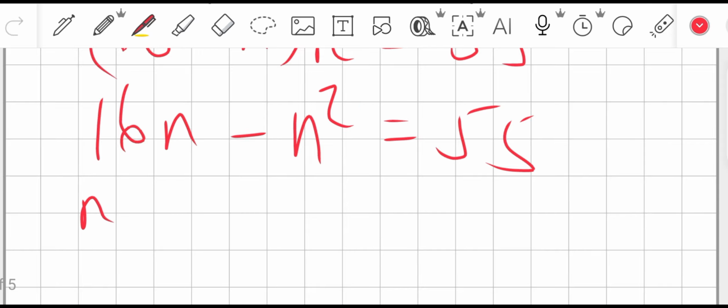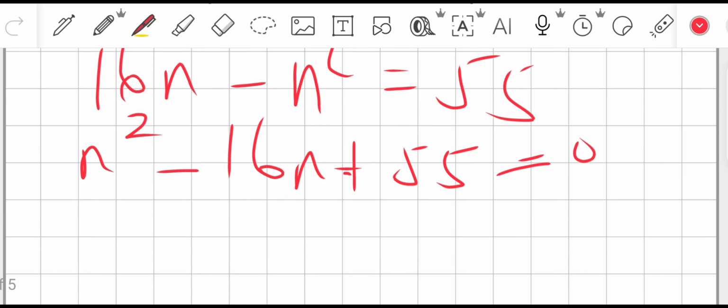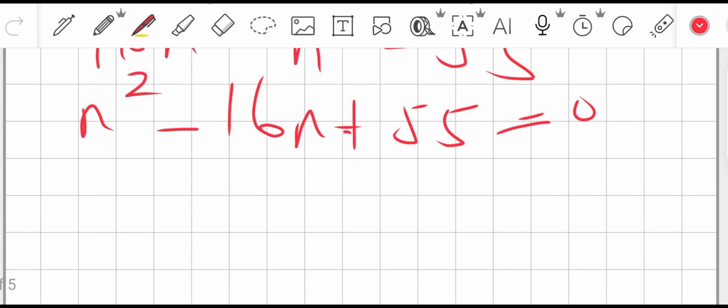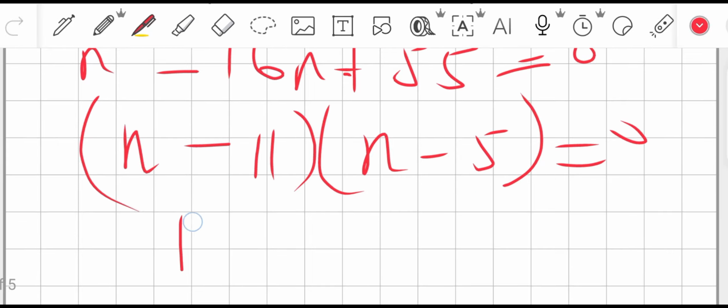In that case, we will be left with n squared minus 16n plus 55 being equal to 0. So when we simplify this, we get n minus 11 and n minus 5 is equal to 0. So n is equal to 11 or 5.